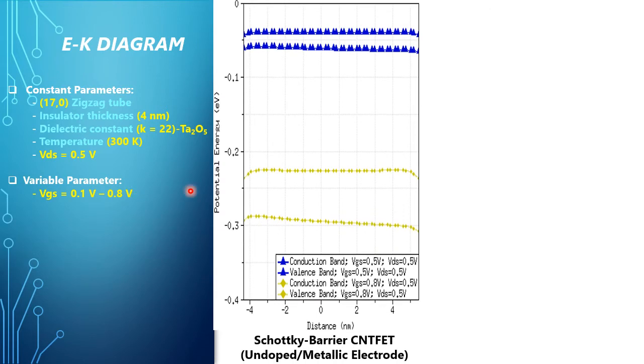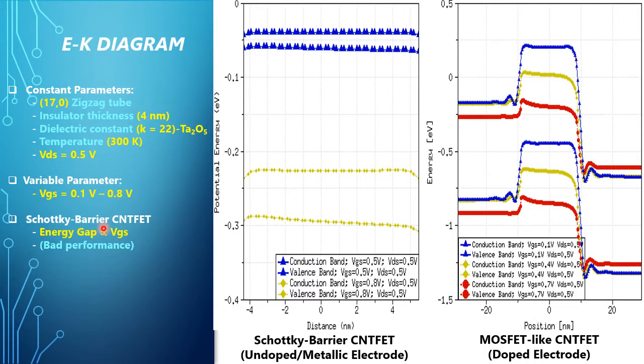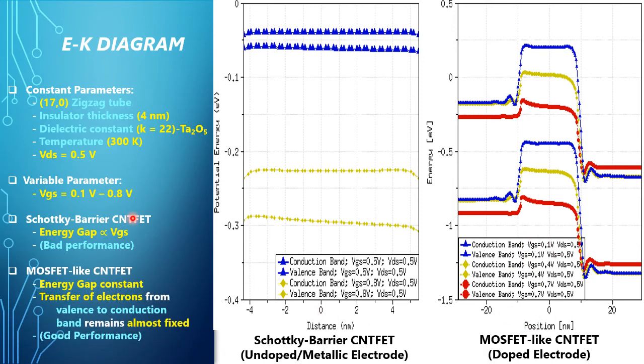This diagram demonstrates that after changing the VGS from 0.5 to 0.8, the gap between the conduction and the valence band gets increased. That's not a good thing for a normal operation. But in case of the MOSFET-like CNTFET, we can easily see that by changing the VGS from 0.1 to 0.7, the energy gap is constant.